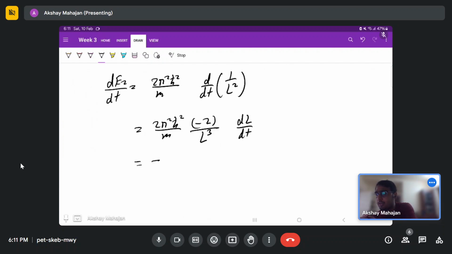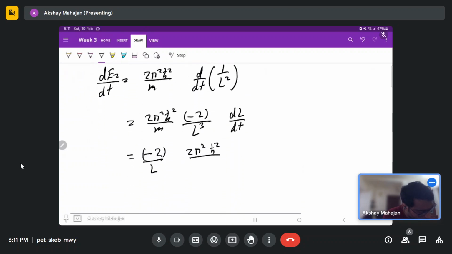I will write it as minus 2 by L, and I will write 2π²ħ² by mL².